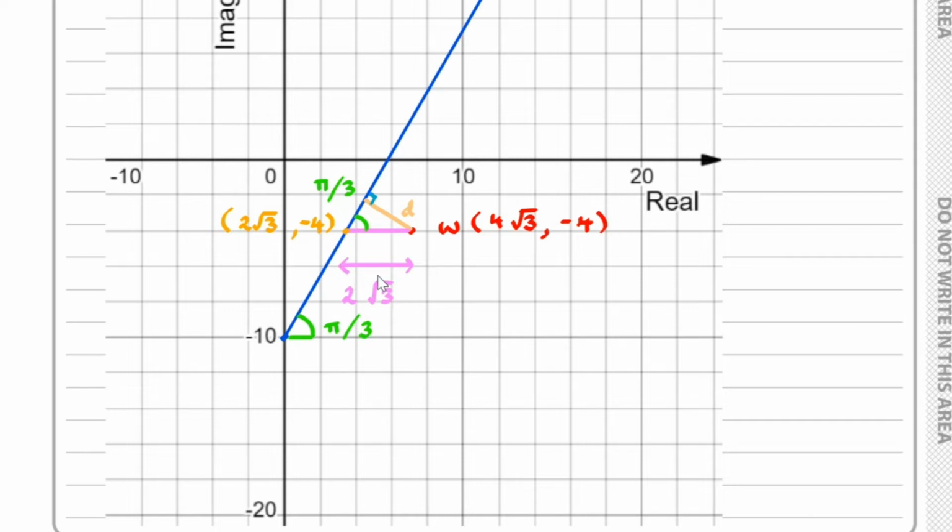And so now what we can do is find out the length of D using trigonometry.